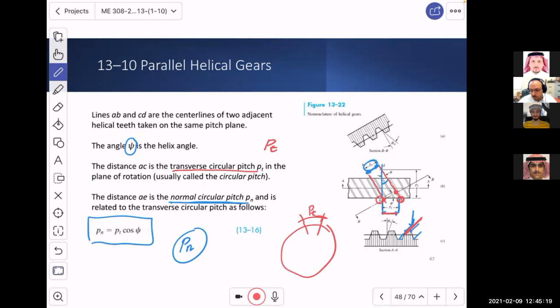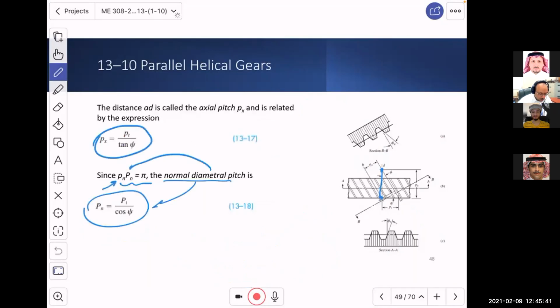And the capital P is equal to the number of teeth divided by the diameter, which is the diametral pitch. But here it is called the normal diametral pitch, and we'll talk about it later in more detail.